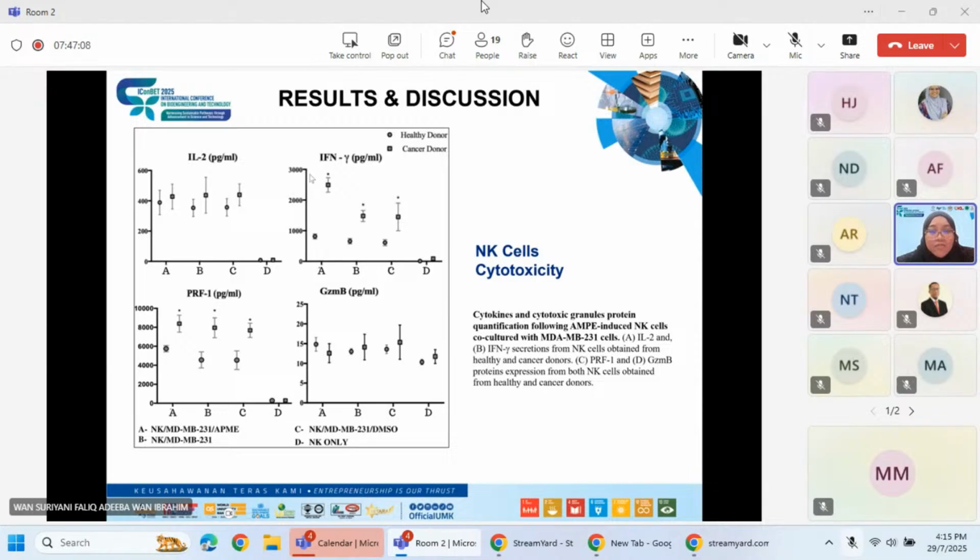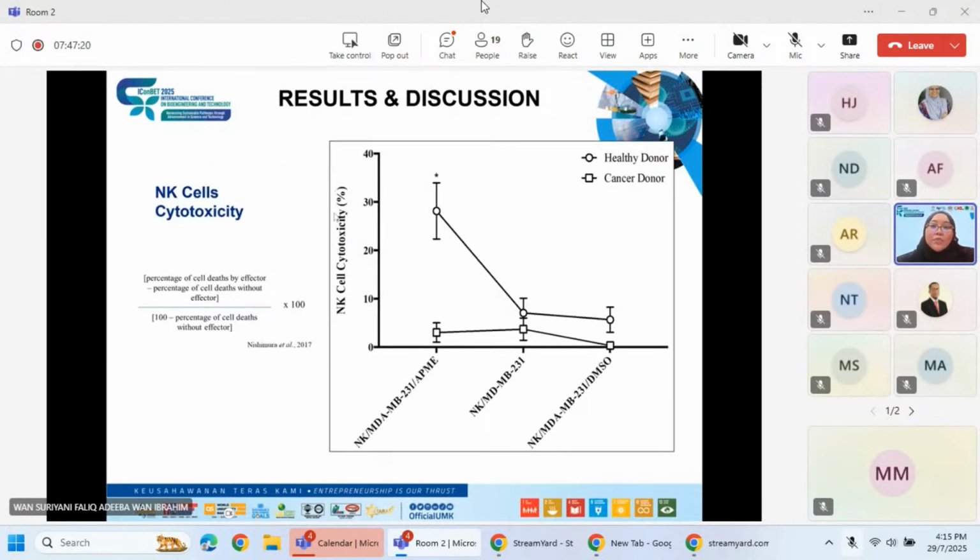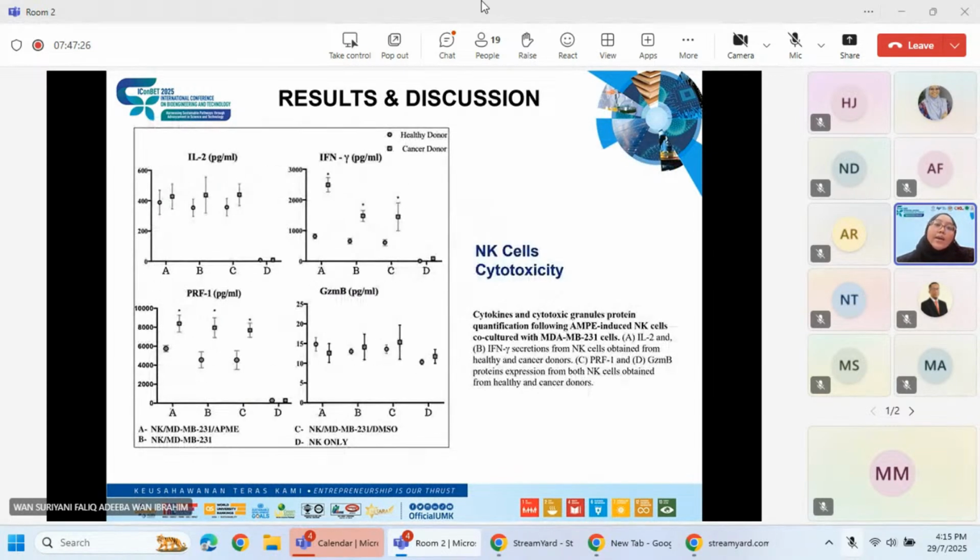But look at this graph. You can see that in cancer patients, there is higher interferon gamma production. However, if we go back to this, we can see it doesn't show any significant cytotoxicity. And that is a big question. Why?